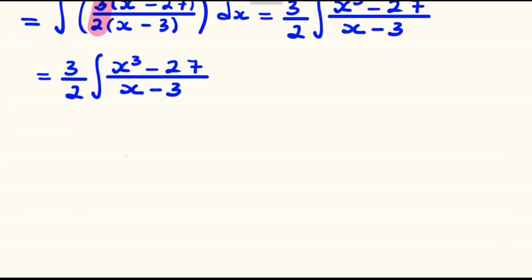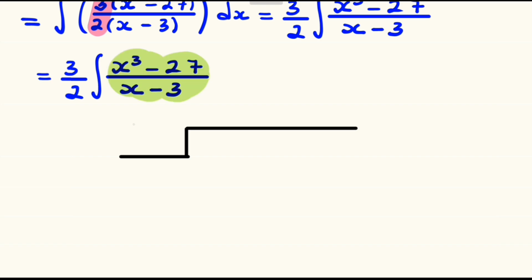We use the long division method to simplify the integrand, the x cubed minus 27 divided by x minus 3. So we have the x minus 3 right here, and the x cubed minus 27, but we rearrange it in standard form.